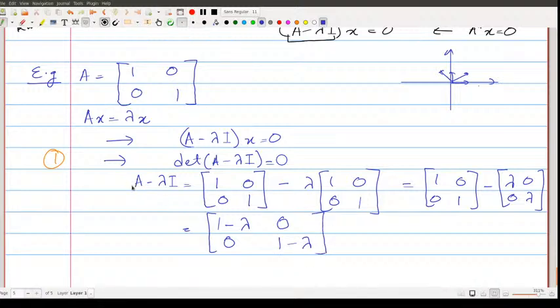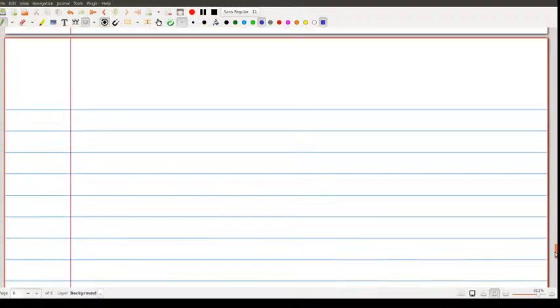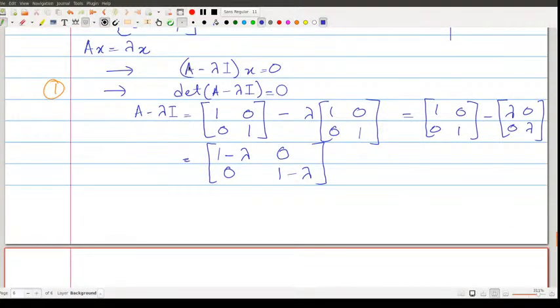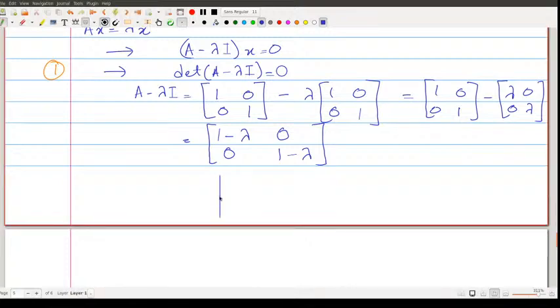So really, doing A minus lambda I only subtracts lambda from your diagonals, and we'll see that it happens in all cases. It's really a simple equation. Lambda only gets subtracted from the diagonals. Okay, so we have A minus lambda I, but we really want the determinant of this matrix. So we want the determinant of 1 minus lambda 0 0 1 minus lambda to be equal to 0.